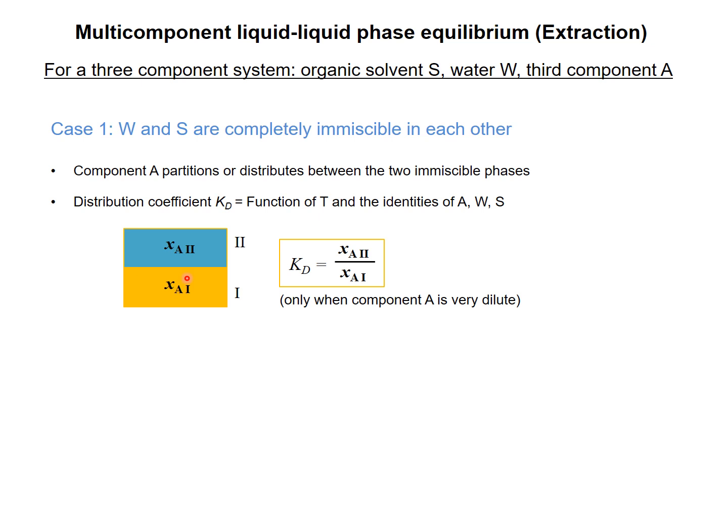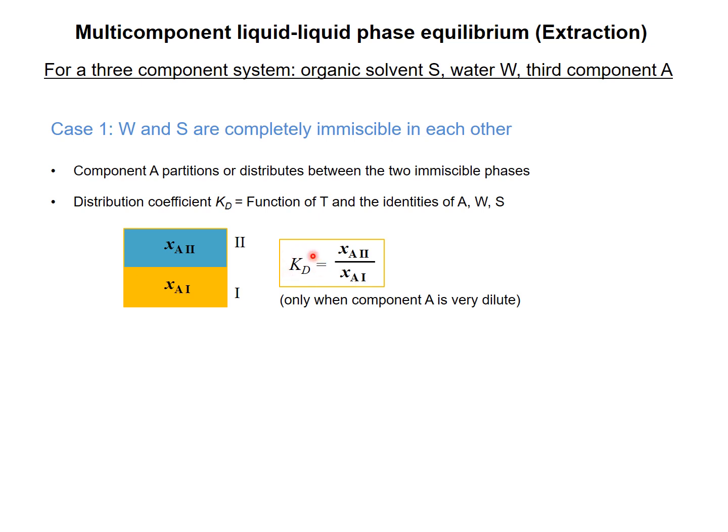We could define the distribution coefficient K_D, the distribution constant, as equal to the concentration of A in phase 2 per concentration of A in phase 1.